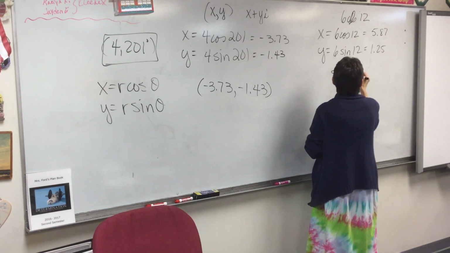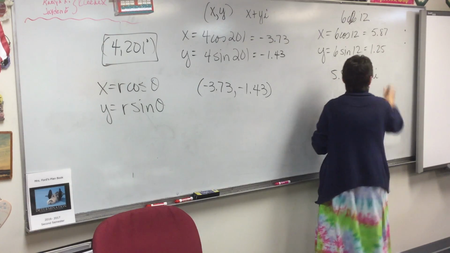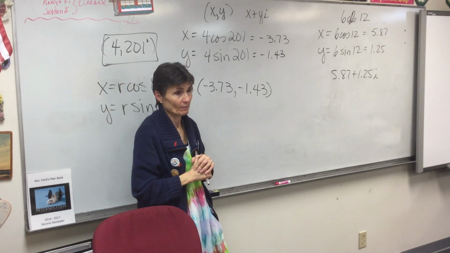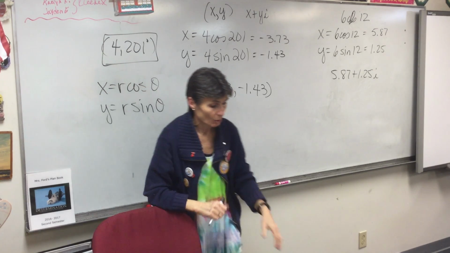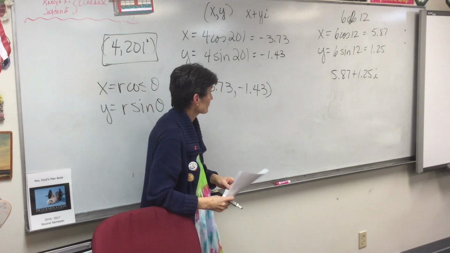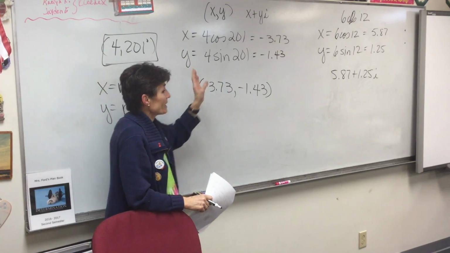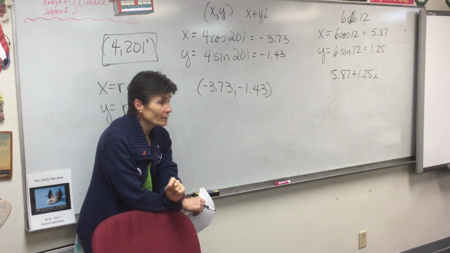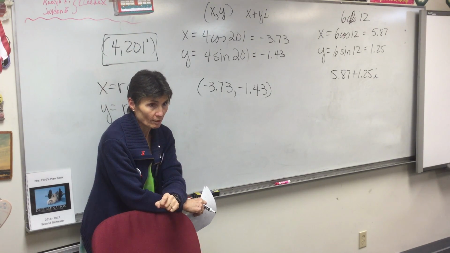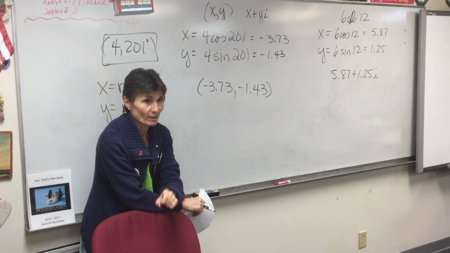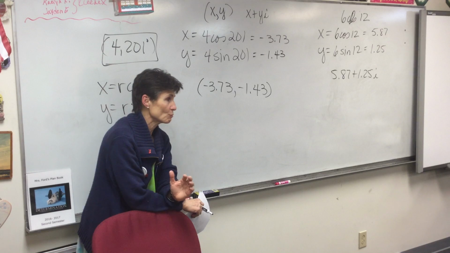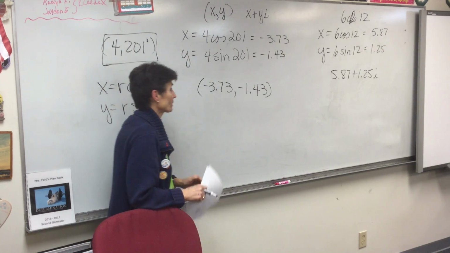So 5.87 plus 1.25 I. I always hook the I to the Y part, right? Always X plus YI. Our problems 1 and 4, very, very similar. The only difference with 1 and 4 is how you actually write your answer, right? How you get your answer is exactly the same, but how you write it is different.